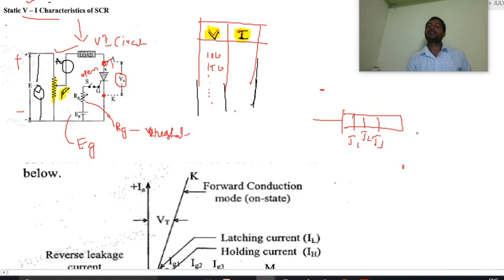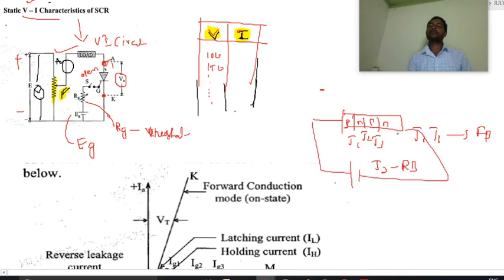J1 and J3 are forward biased, and the J2 junction is reverse biased. This is the basic thing I already discussed. Even if you increase the voltage, junction J2 will remain reverse biased.